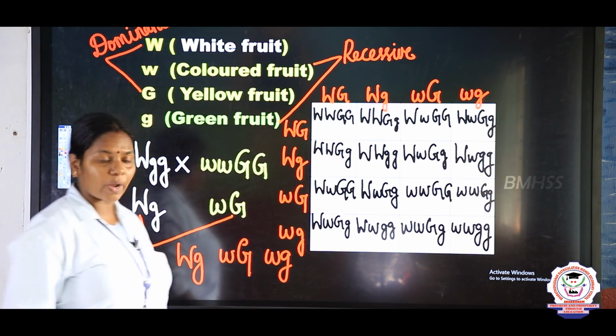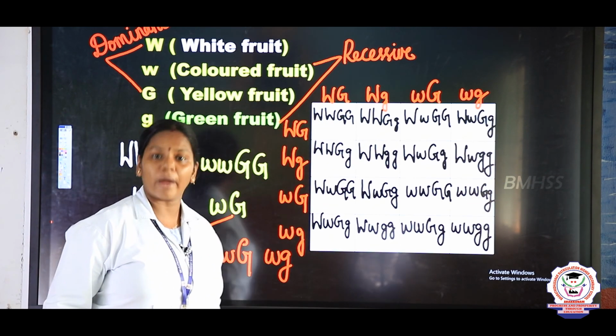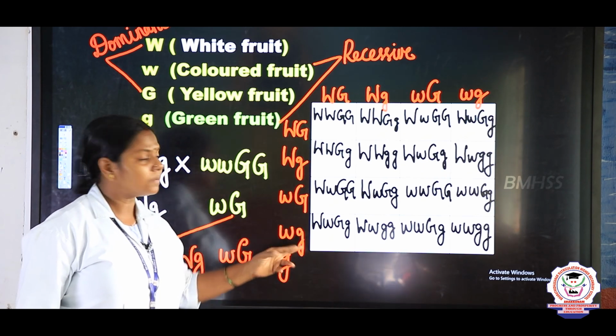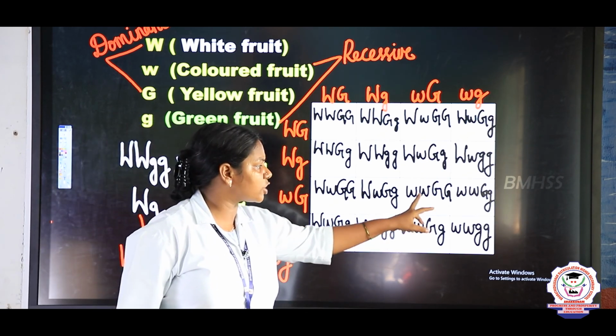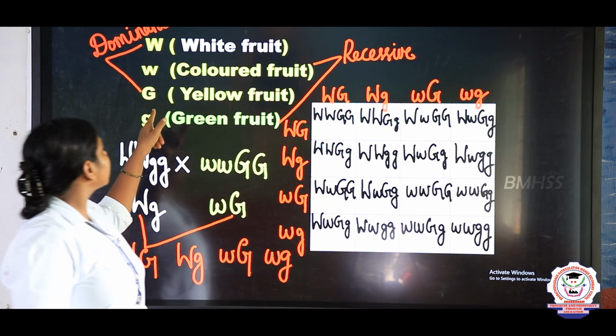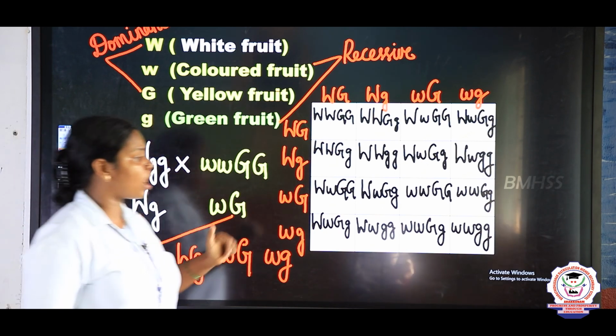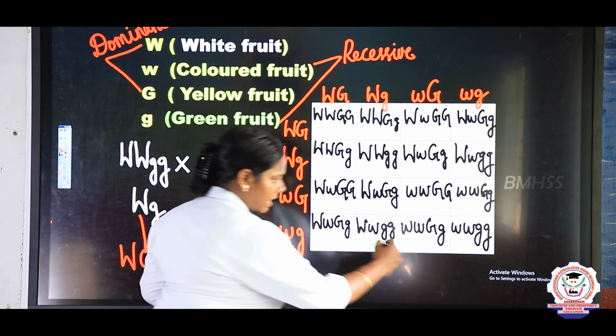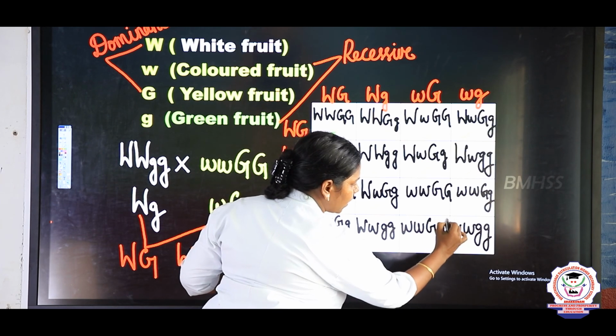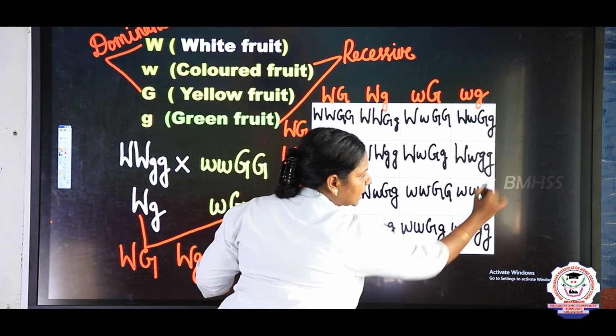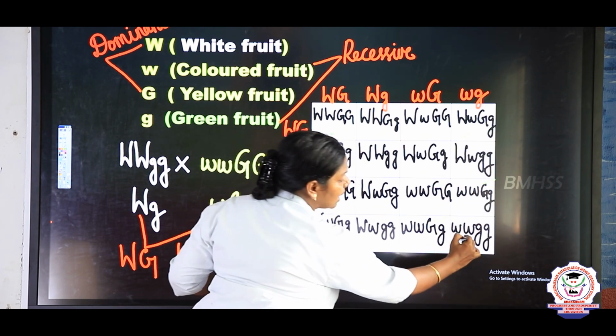Yes, 12 white fruits. And capital G is responsible for the yellow color fruit. How many yellow color fruits are there? Capital G, 1, 2, 3, and 1 is a green fruit.